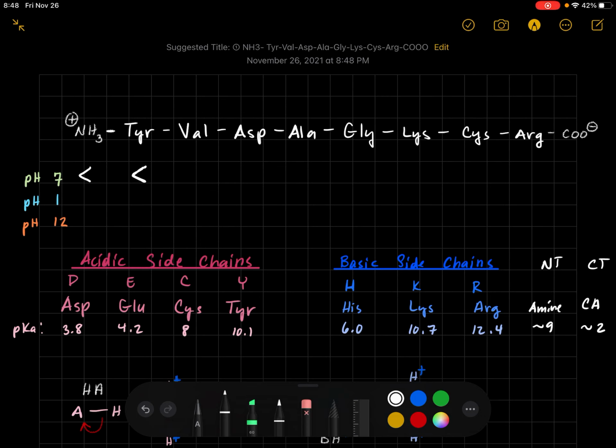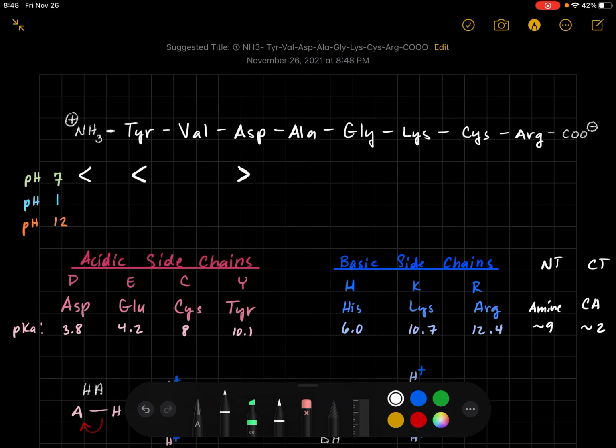For valine, valine does not have an ionizable side chain, so it will not change in charge state depending on pH. Aspartate, the pH is greater than the pKa.